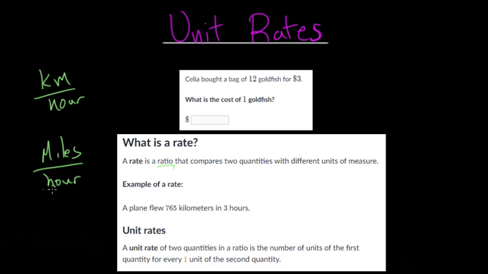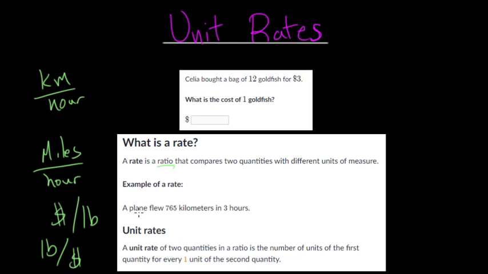Or maybe it could be at the grocery store where you're spending money to buy a certain amount of weight of something, either pounds or maybe kilograms. Or you might even reverse that and say, well, how many pounds can I buy for X amount of money? So rates could be many different things, but basically we're comparing units where we have this ratio, this fraction, to compare them between each other.